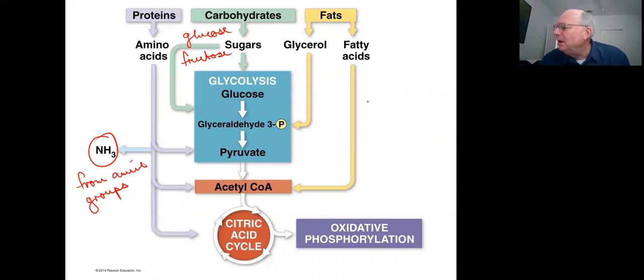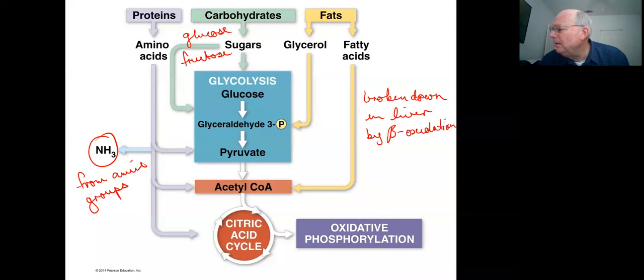Fatty acids are broken down in the liver by something called beta oxidation. And that produces acetyl-CoA groups.